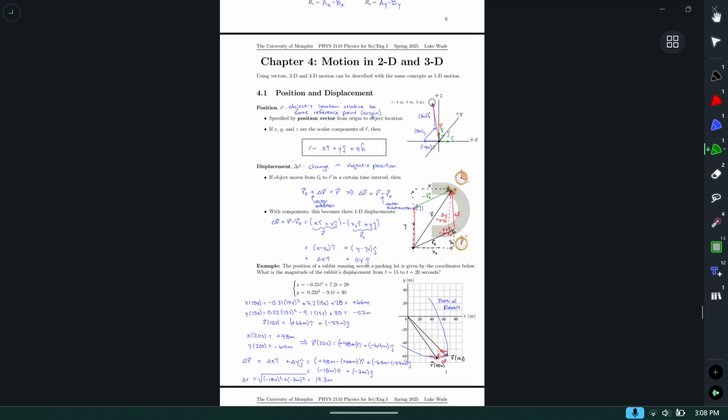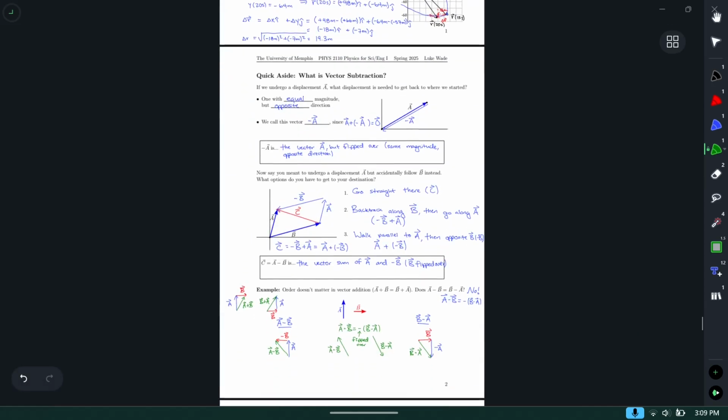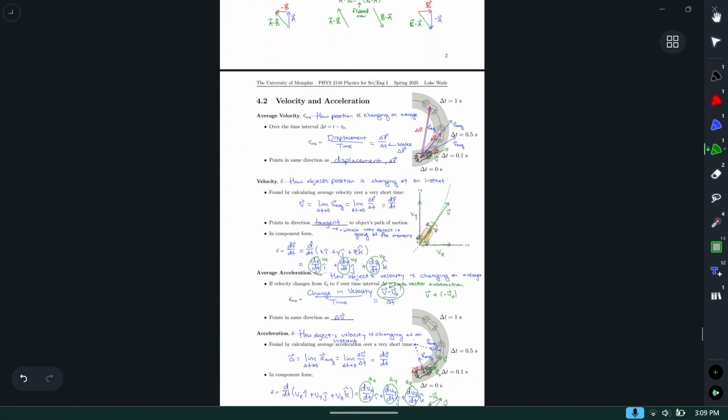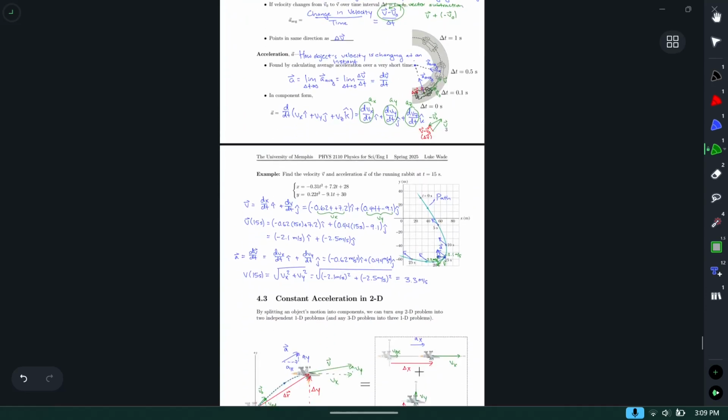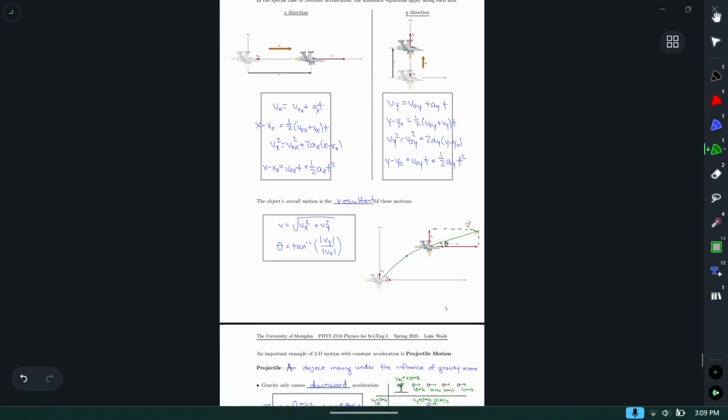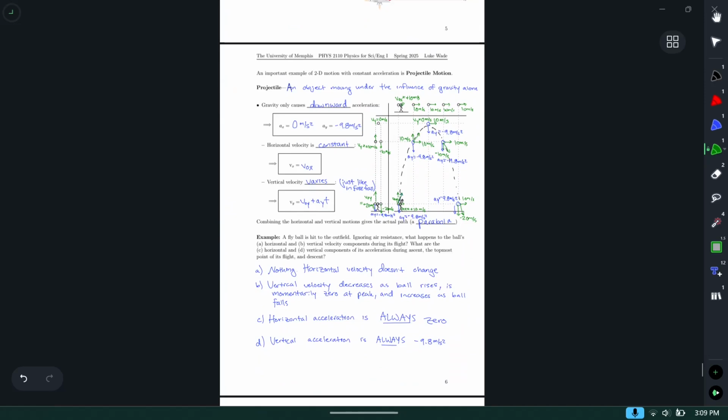Chapter 4 is generalizing the 1D stuff from chapter 2 to 2 dimensions or 3 dimensions. The main stuff from this chapter will be the projectile motion stuff.